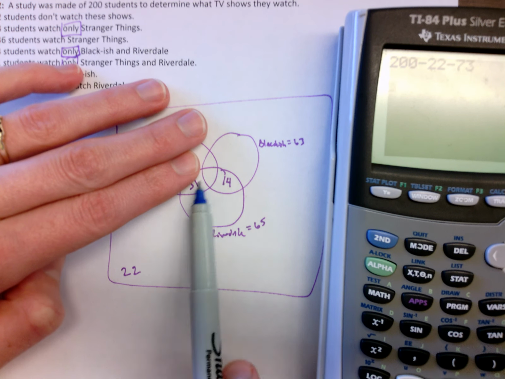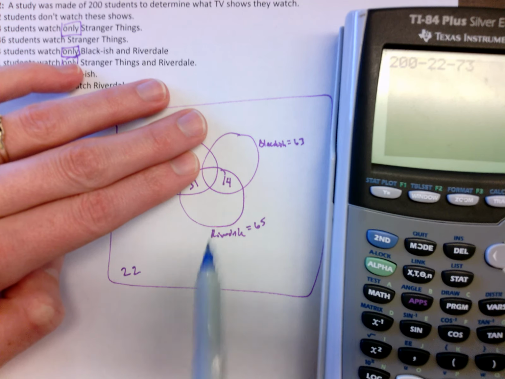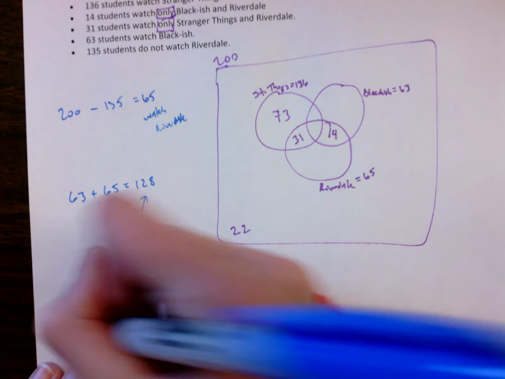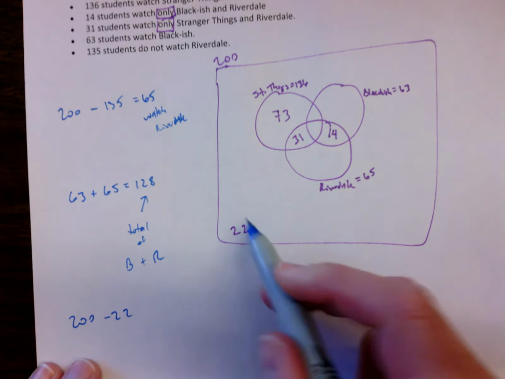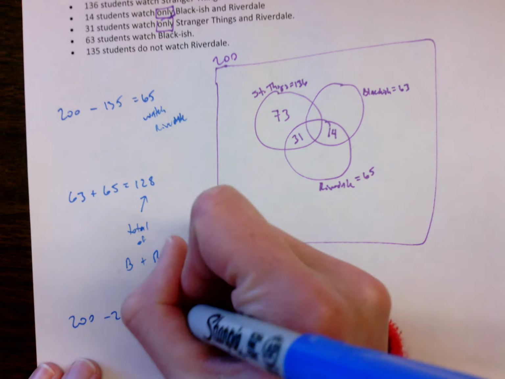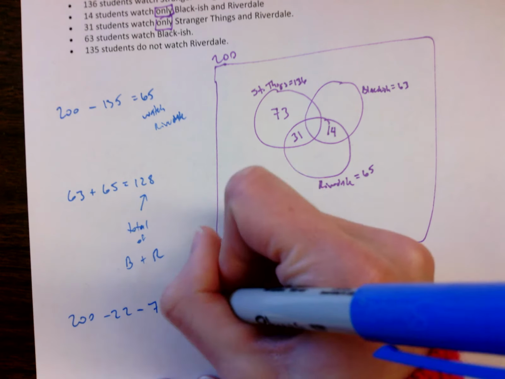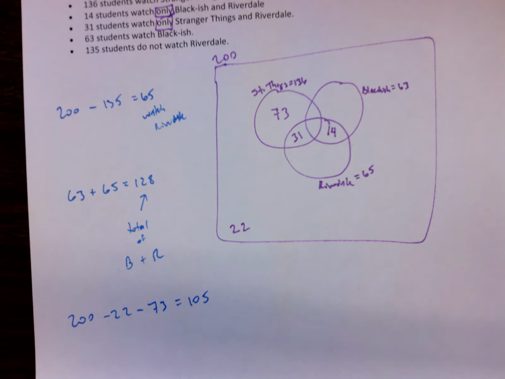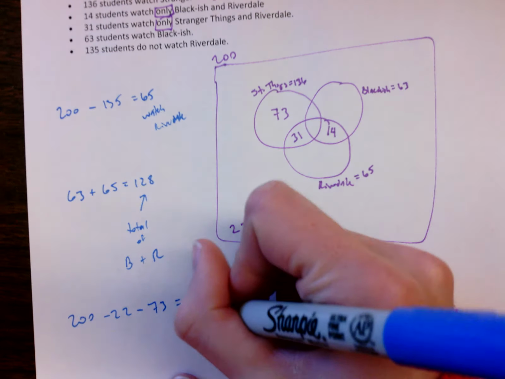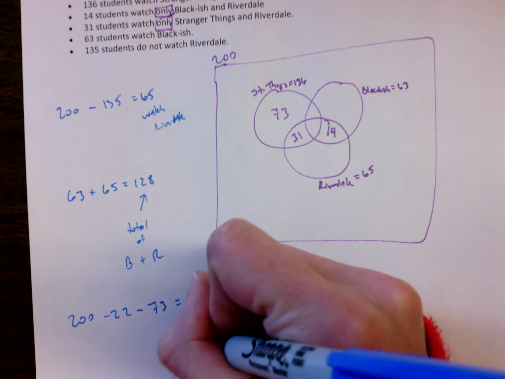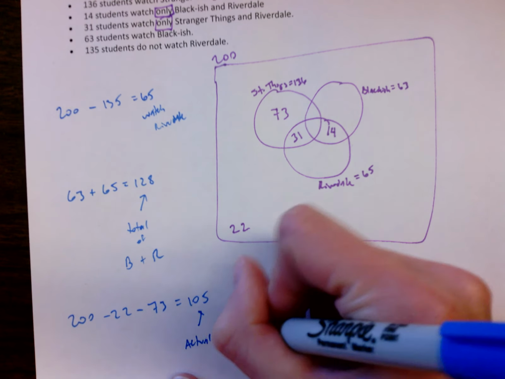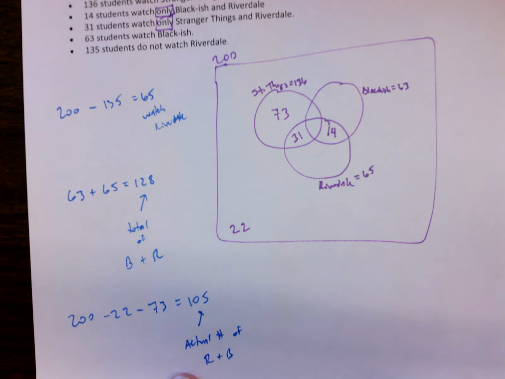Might be in this section or this section or that section here, right? Anywhere in there. But somewhere in those sections there are 105 people. Okay? So I took the 200 people, I subtracted out the 22 nothings, and I subtracted out the 73 people that were only Stranger Things people and got 105. And this is the actual number of people who watch Riverdale and Blackish.